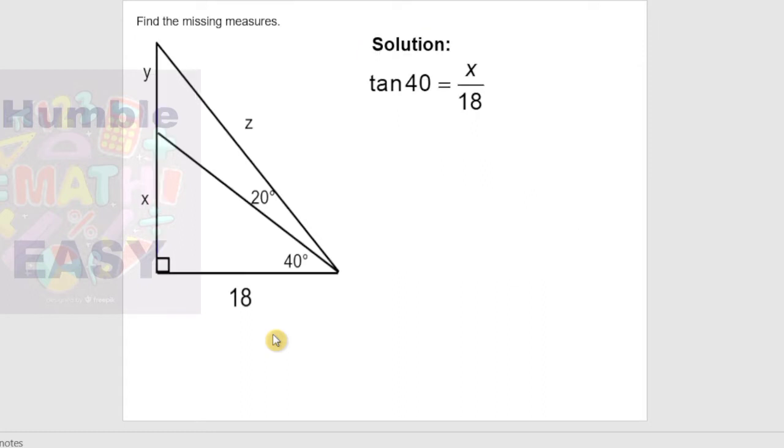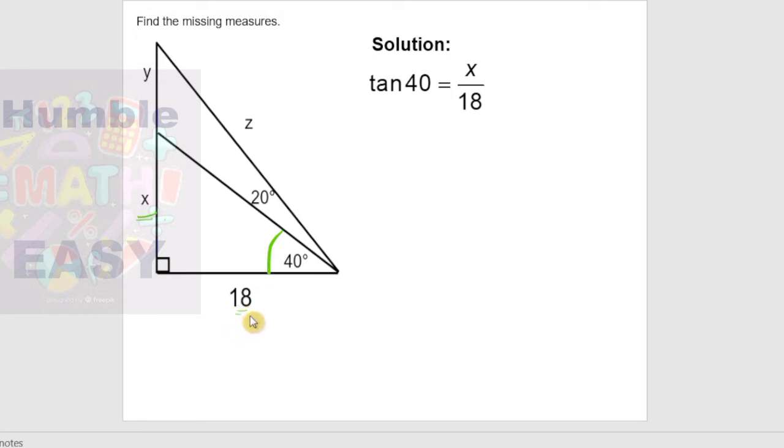Accordingly, in this given problem, the x here is the first thing that I should be able to solve, because it was reflected here that it is 40, then x, then the 18. So here in the 40-degree angle, x is the opposite side. Then the 18 here is its adjacent side.